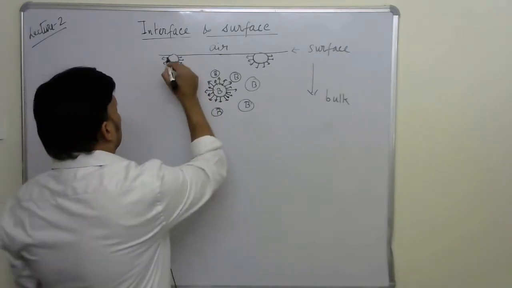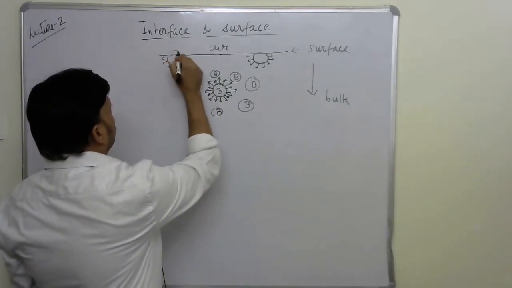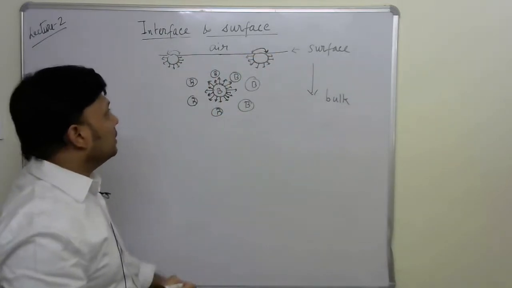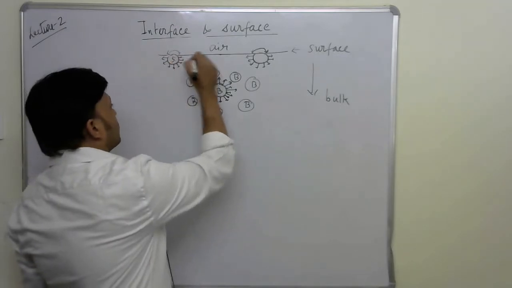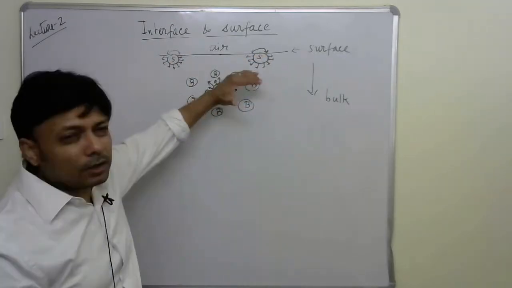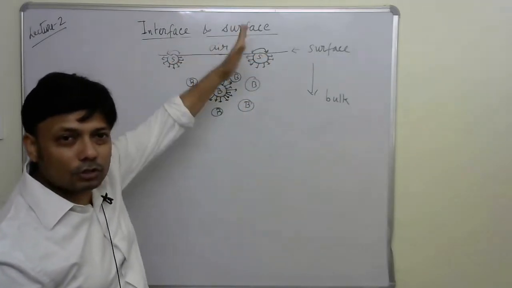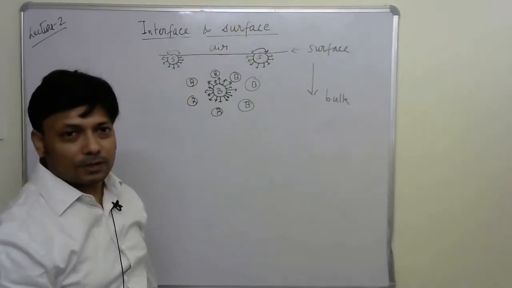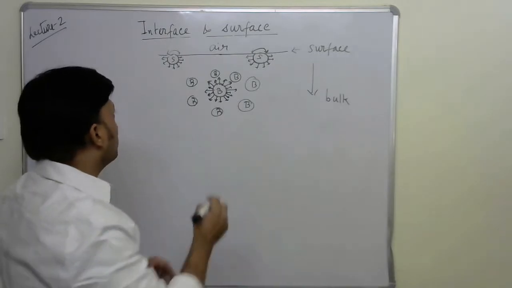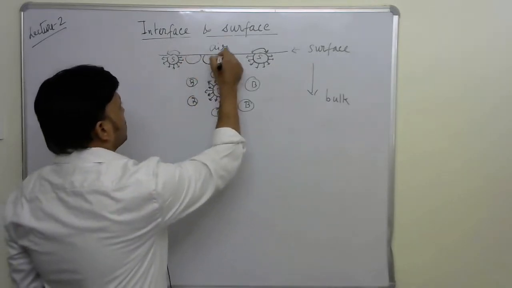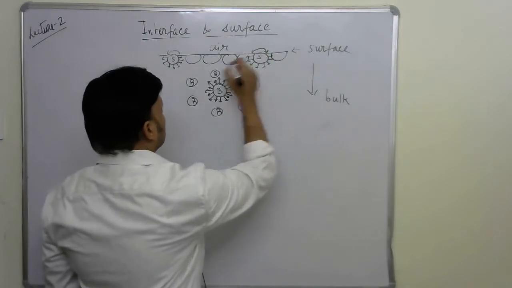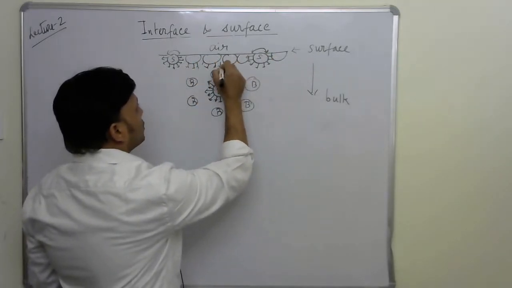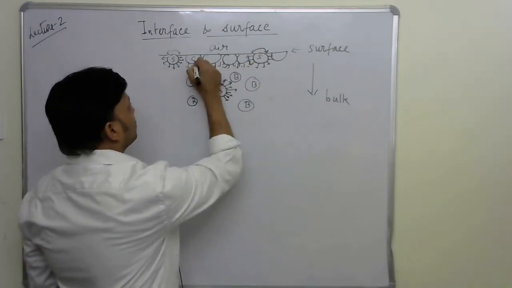But there will be a significant portion from here to here. These are called the surface molecules. The surface molecules would not feel any force of attraction towards the air phase. So all the molecules present at the surface like this would be experiencing a net force of attraction towards the bulk.